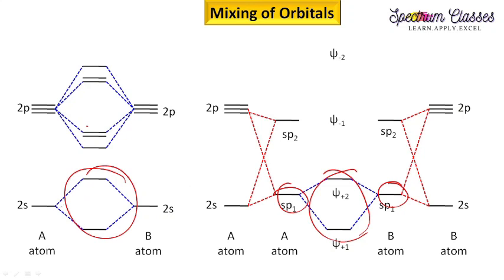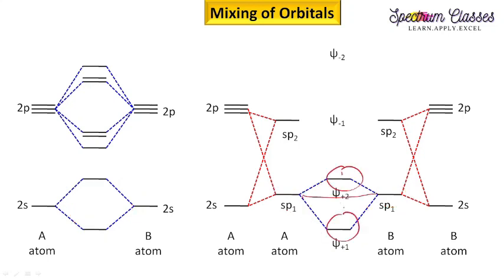So here you have seen the atomic orbitals, and here are the molecular orbitals, bonding and antibonding. And if we see the energy difference between the bonding molecular orbitals and antibonding molecular orbitals with respect to the atomic orbitals, the energy difference is the same. However, that is not the case here. You can see here, the energy difference is different in this case, right?